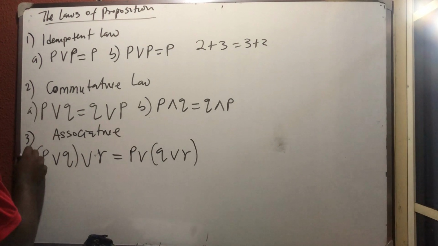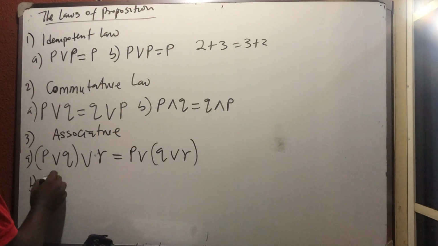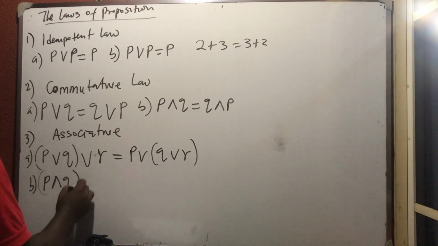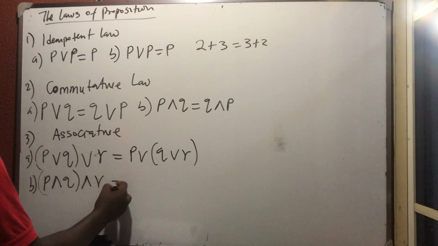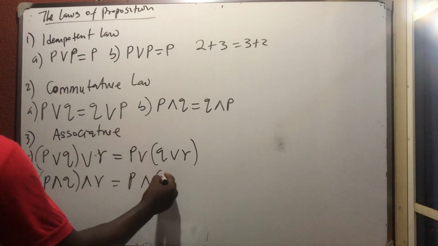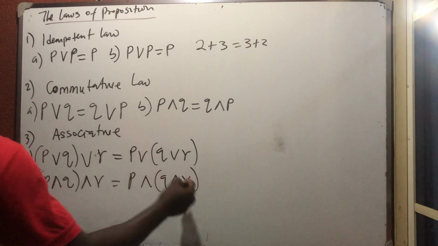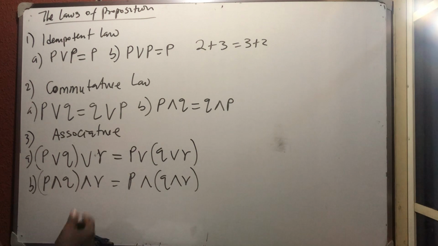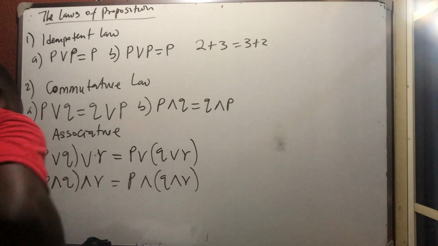Then the B part says P and Q and R is the same as P outside and then Q and R; they are the same. You can prove them with your truth table. I've taught you how to draw a truth table, so you can prove them.